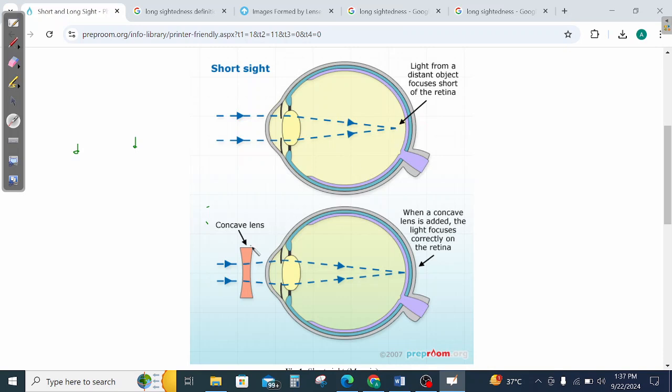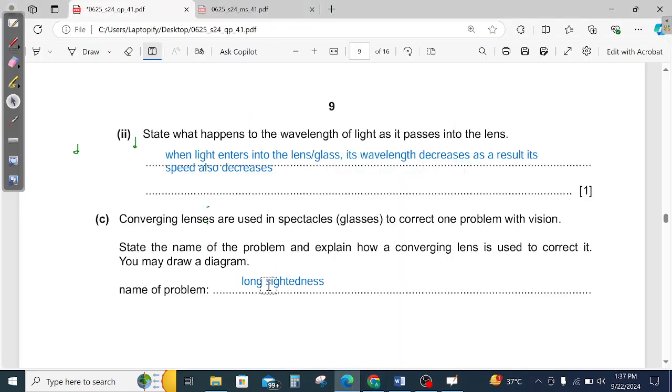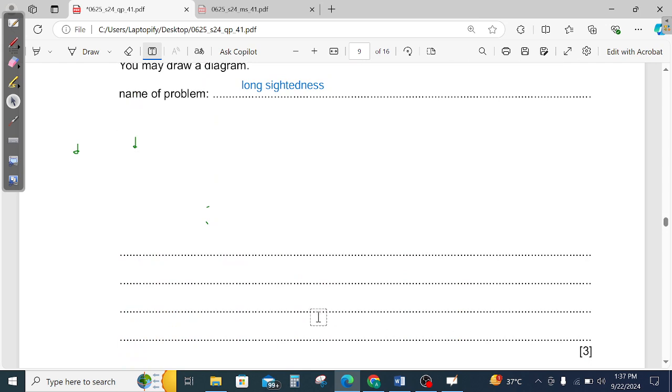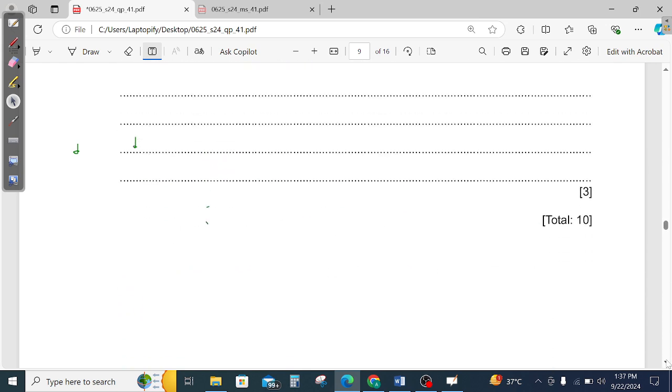But when you wear glasses made up of a concave lens, then the image will form on the retina. But your case in the question is long sightedness, so you have to draw this diagram, and you also explain this which I have told you.